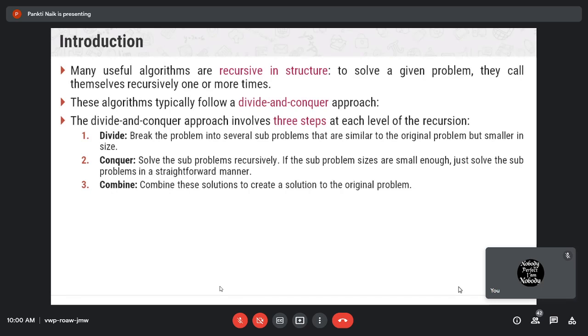And after solving all the sub problems, the third step is combine. That is, combine the solutions of the sub problems to create the original problem solution. So all of you are getting the general method of divide and conquer strategy? Yes, ma'am. Okay.